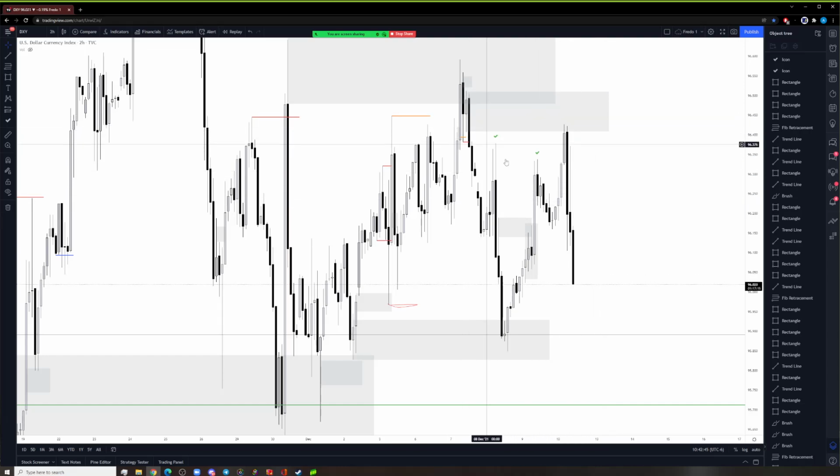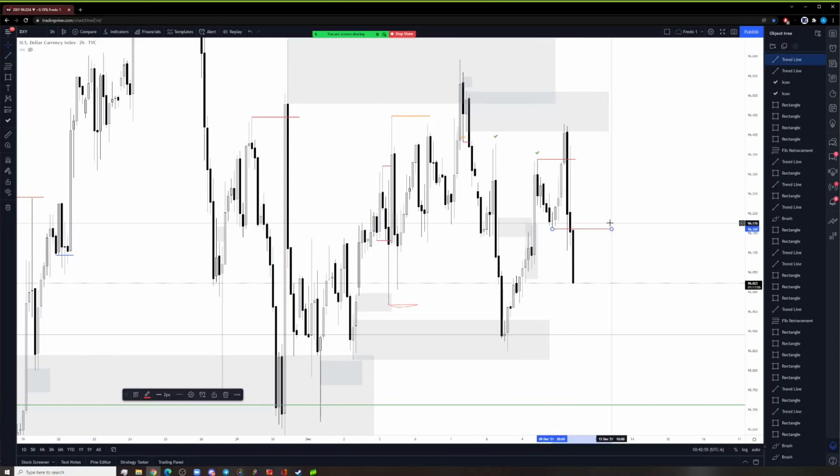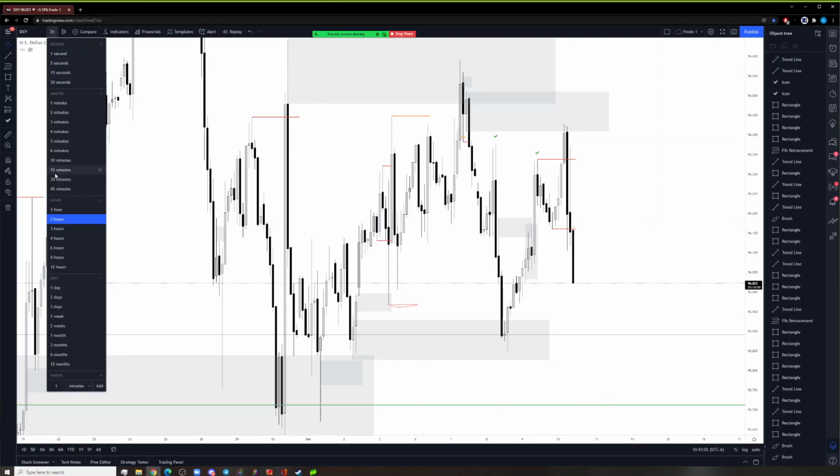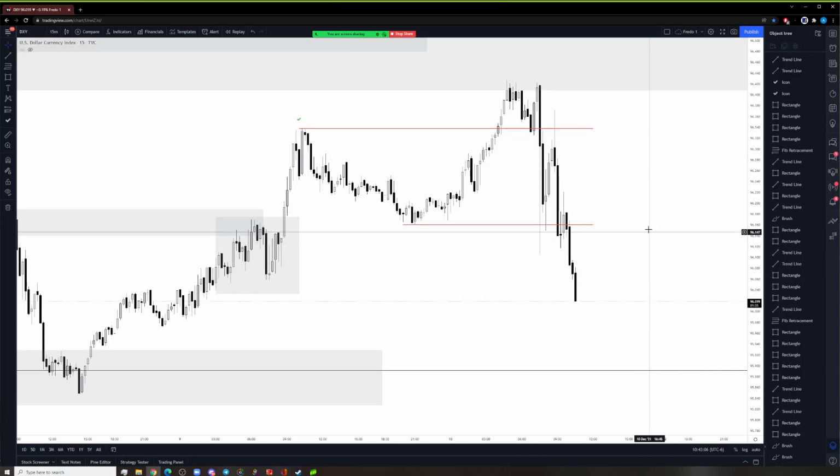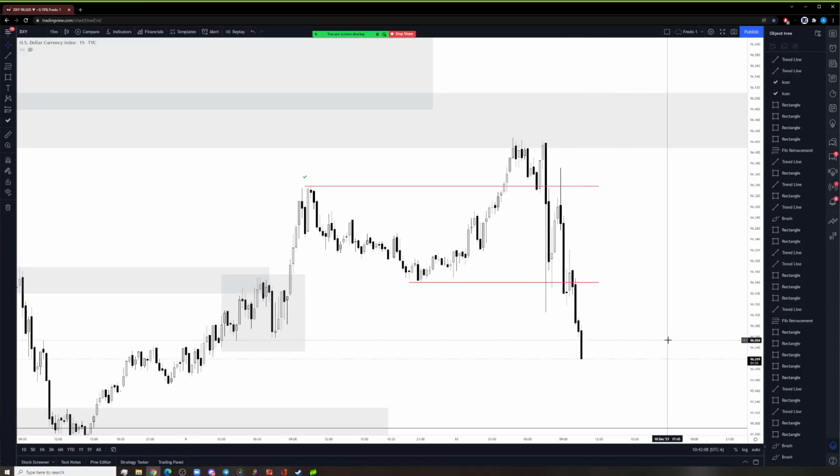Based on that, that is fuel to give us a bigger move to the downside. So based on that, we know that there is an overall liquidity grab based on the POI. That makes us much more inclined to want to take something to the downside.